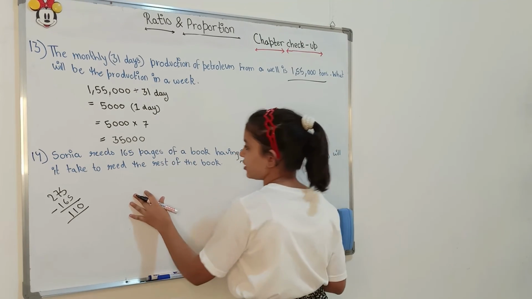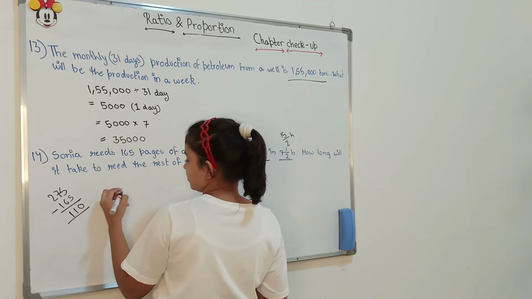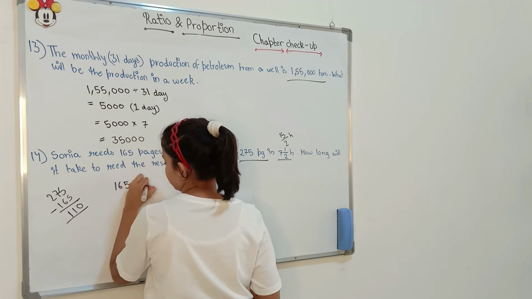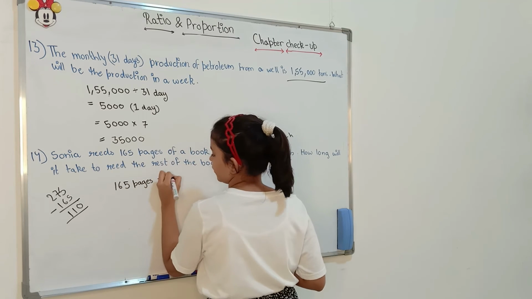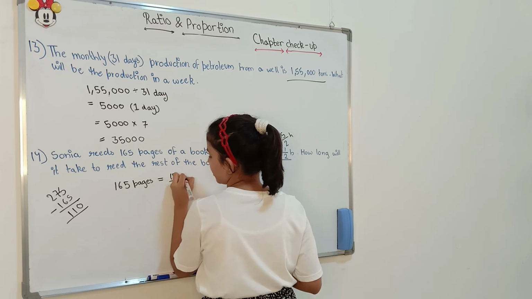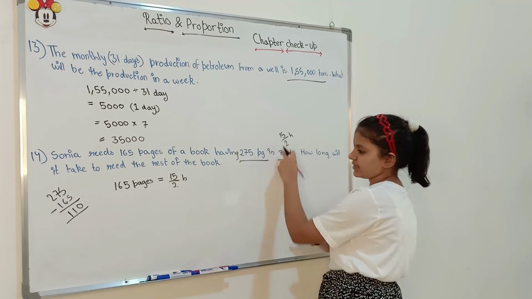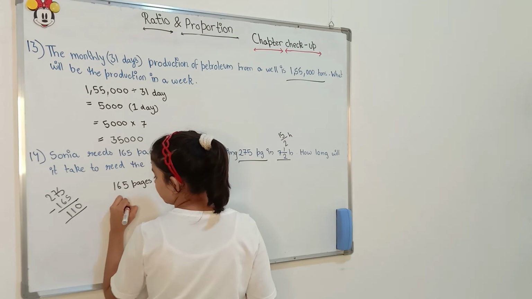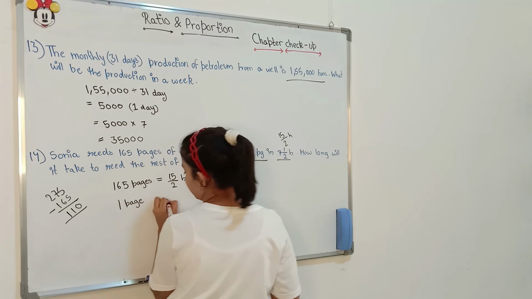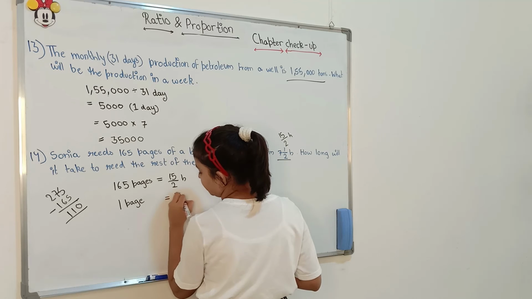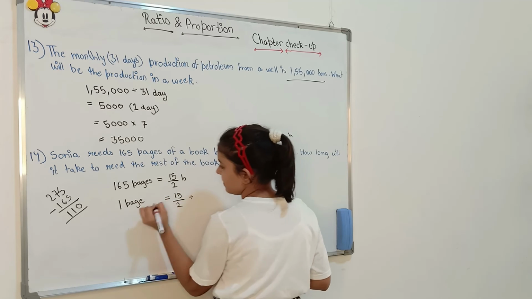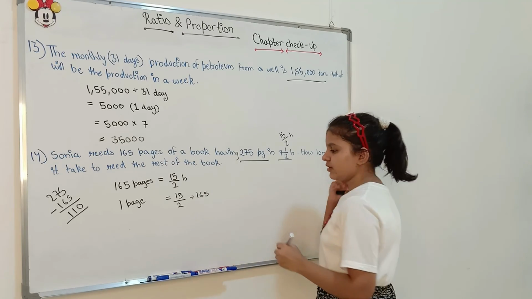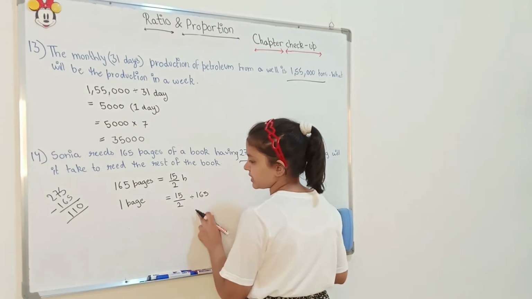So now let's start doing the sum. So she read 165 pages in 15 by 2 hours. Then 1 page would be read in 15 by 2 hours divided by 165. Now here we use the reciprocal method.